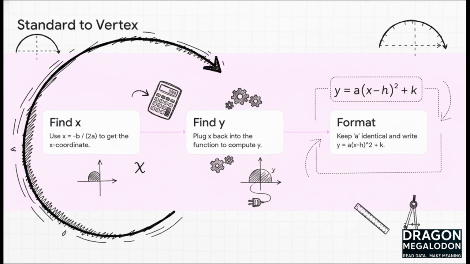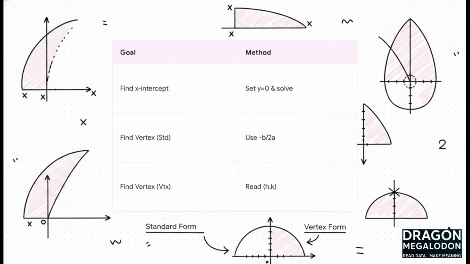So take that x you just found, plug it completely back into your original standard equation, and compute the result. That result is your y, which serves as your k parameter. Step 3, your leading a value stays entirely identical to the original equation. Drop all 3 of those values, a, h, and k, straight into the standard vertex template, and your conversion is totally complete.